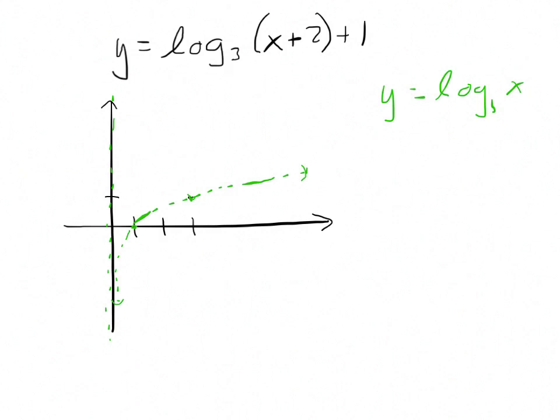But because I have these two important values, and because I have this vertical asymptote, I can perform these shifts on them. And hopefully you remember that the plus 2 here means the graph is going to go to the left by 2, and the plus 1 at the end here means the graph is going to go up by 1. So I can just take these points that I had and shift them accordingly.